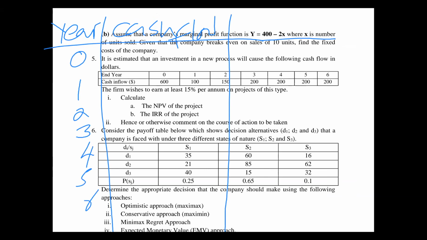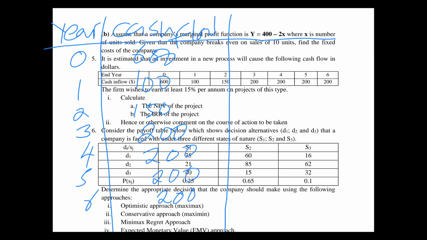In year 0, it will give us negative 600, 100 in year 1, 150 in year 2, and 200 in the other years up to the 6th year.